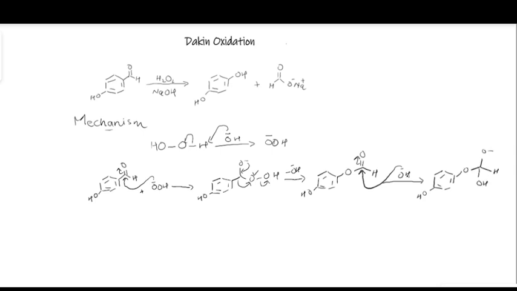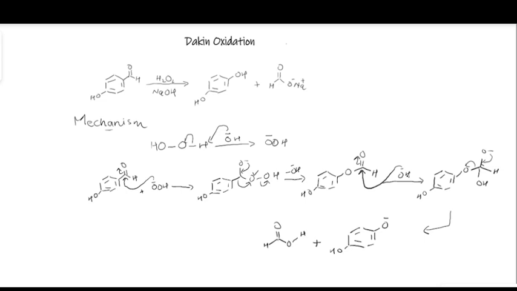And this oxyanion, when it collapses back, allows the transfer of this bonded pair towards this oxygen, forming a phenolate anion. So we get this anion along with the removal of formic acid.